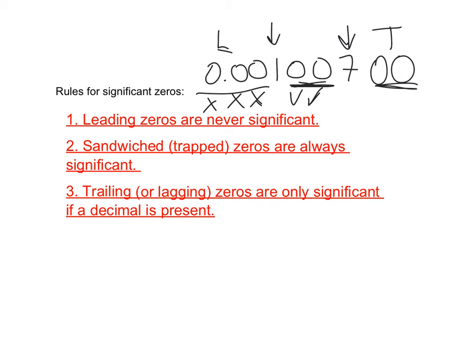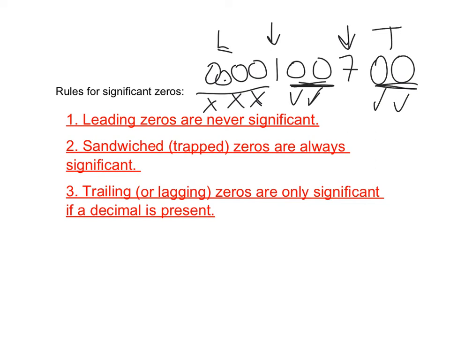So 7 is the last non-zero. Anything that comes after that is considered a trailing zero, and they count if there is a decimal. So using this example, I have a decimal way up here. It doesn't matter where the decimal is. If you have a decimal, a trailing zero or trailing zeros count. Whether there's 1 or 1,000 of them, they count. So in this example here, those would count.